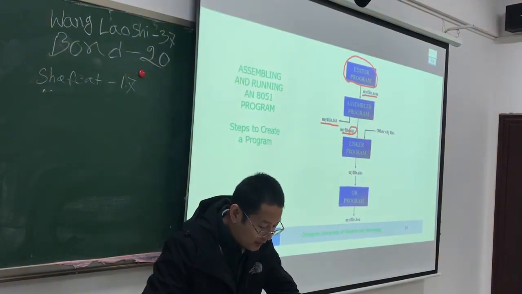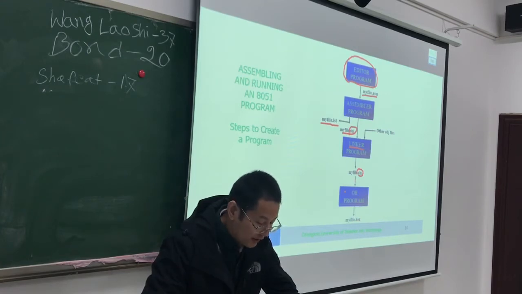Then with the link program, we get the ABS file. Lastly, we convert the ABS file with OH. OH means get the hex file.